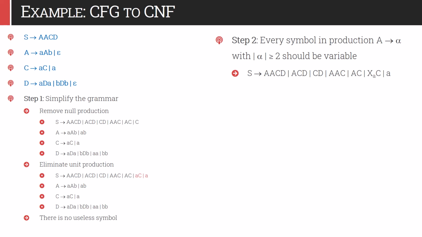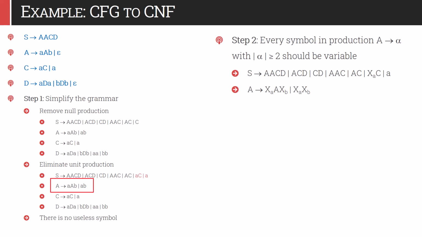So Xa is 1 symbol which is replaced for small a, and then capital C. Then we have S derives a, small a. But this production doesn't have length greater than or equal to 2, so we don't have to replace that a by Xa. Remember that. Only in the production where the length of alpha is greater than or equal to 2, we have to replace them by non-terminal symbols. If it is less than 2, we don't have to touch them.